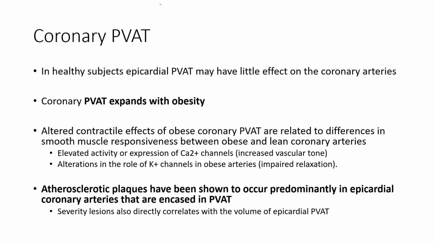So, coronary perivascular adipose tissue, or PVAT. In normal situations, coronary PVAT, especially the epicardial PVAT, has very little effect on the coronary arteries. It's pretty similar to even the peripheral arteries. It releases some adiponectin. You need some perivascular adipose tissue, even in the heart. But with obesity, the expansion of adipose tissue isn't just one area; it's diffusely through the body.